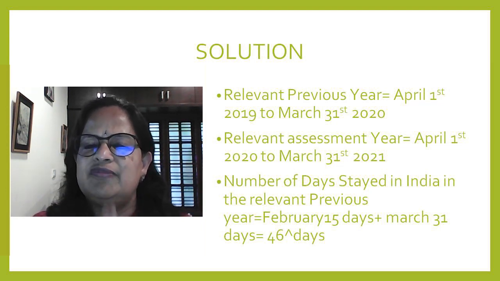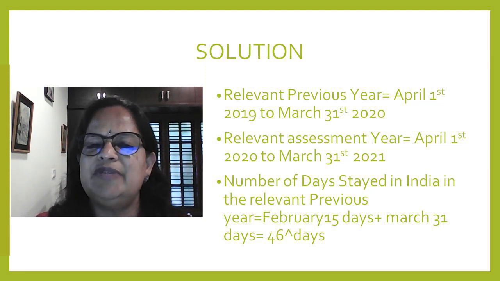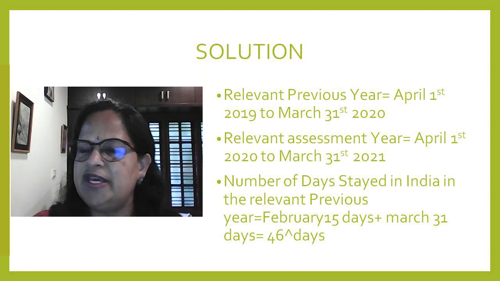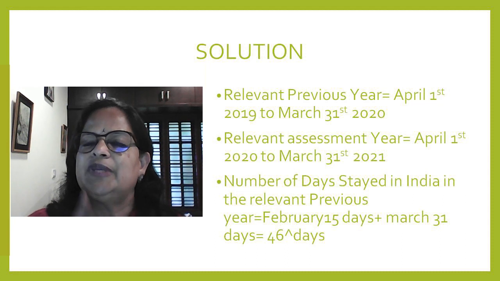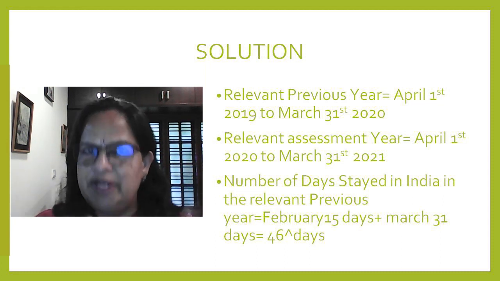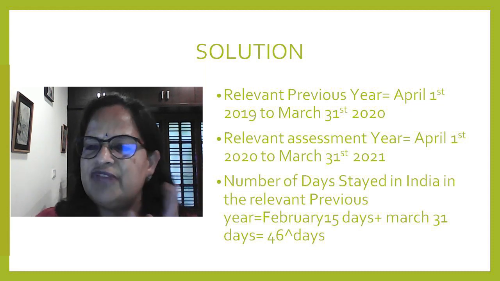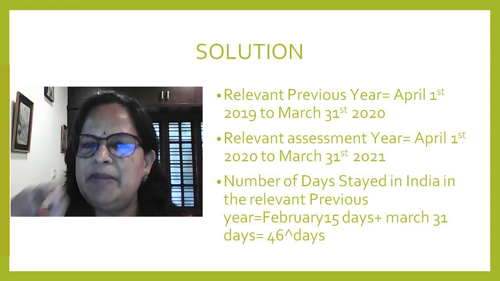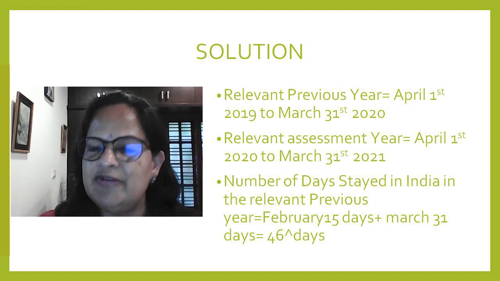Now you have to see that the first condition is the number of days he lived in India in the relevant previous year. It is mentioned that he came to India on February 15, 2020. If it's in between the month, you have to count the number of days stayed in India using your fingers. Then only you will get the correct value. You cannot subtract, because February may have 28 days or 29 days. So 28 minus 15 or 29 minus 15, you will never get the correct answer.